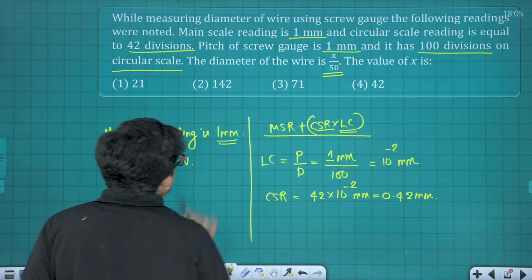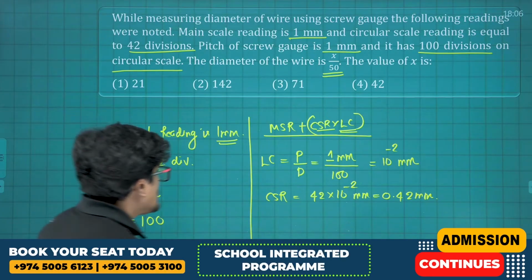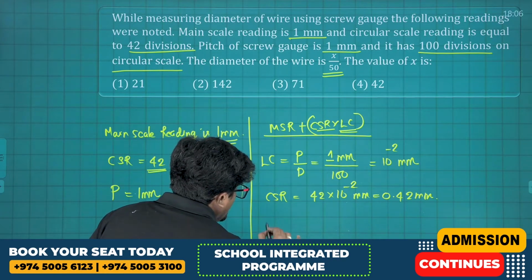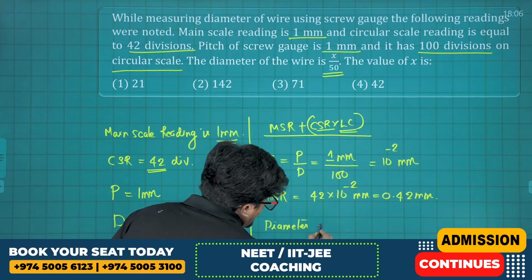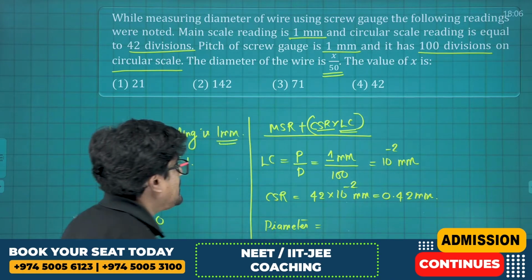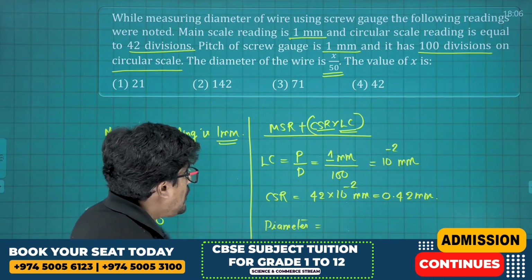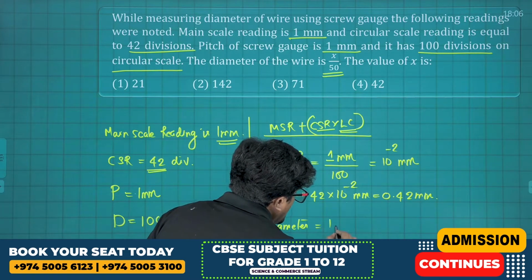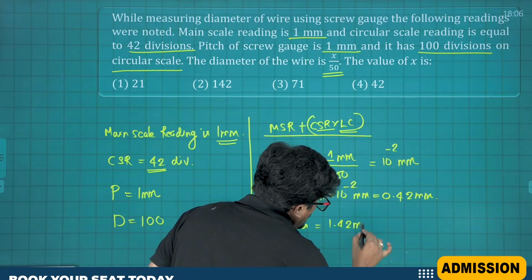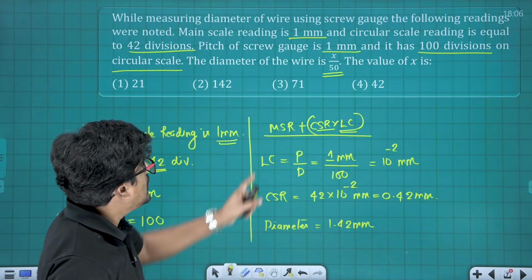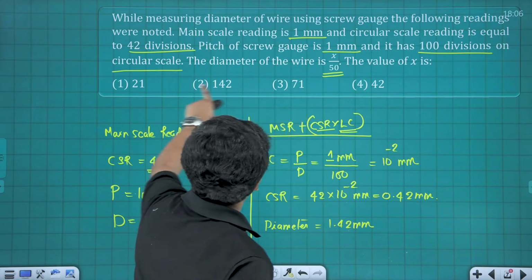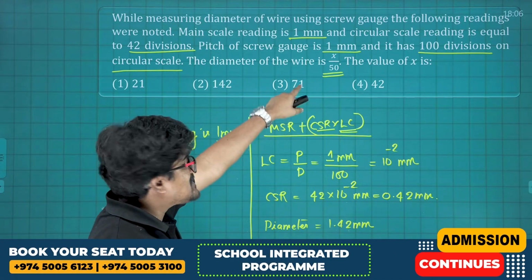Main scale reading is 1 millimeter. So the final reading, or I can say the diameter, is now going to be 1.42 millimeter. And you can check here the diameter is marked as x by 50.